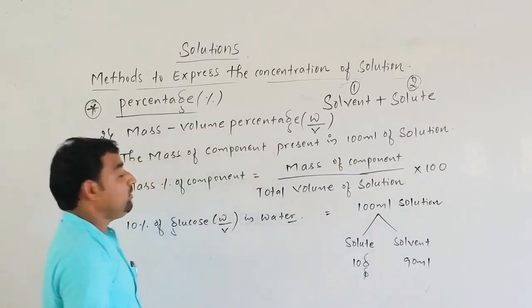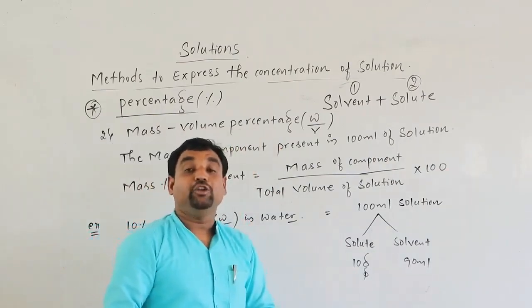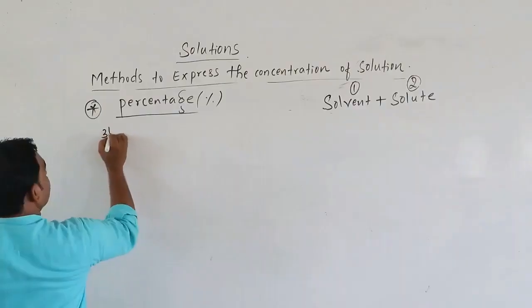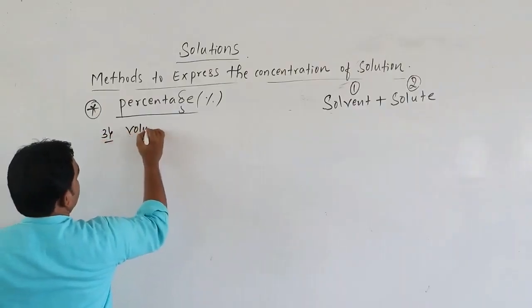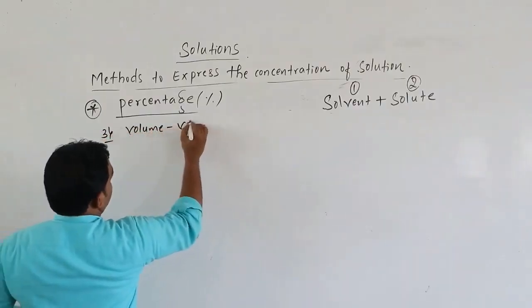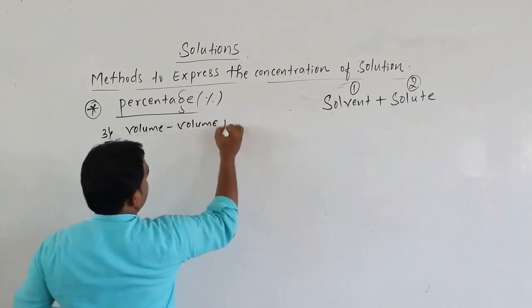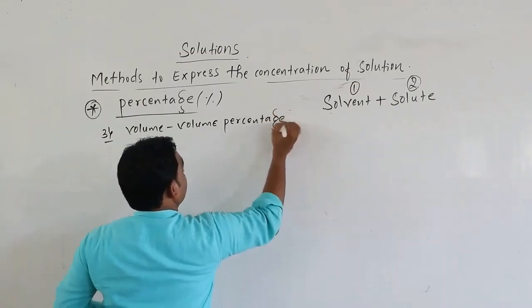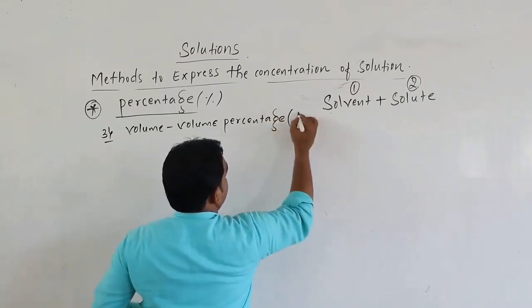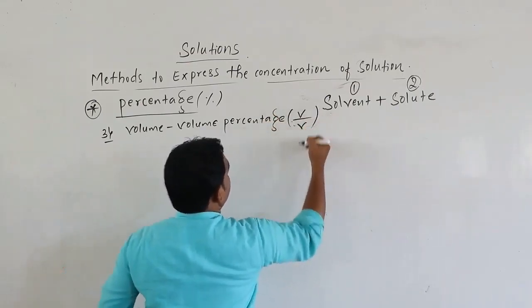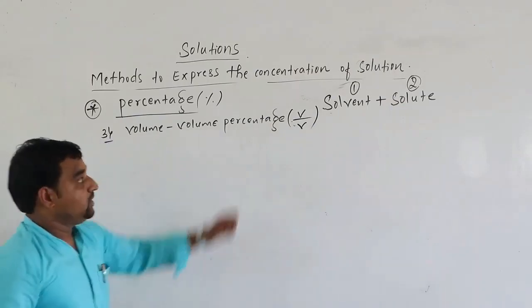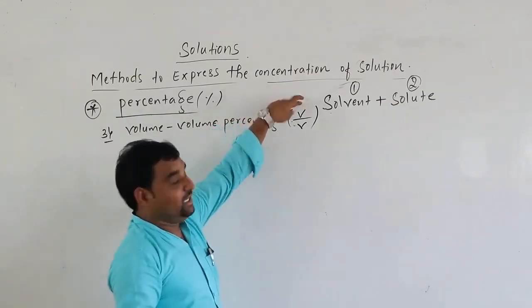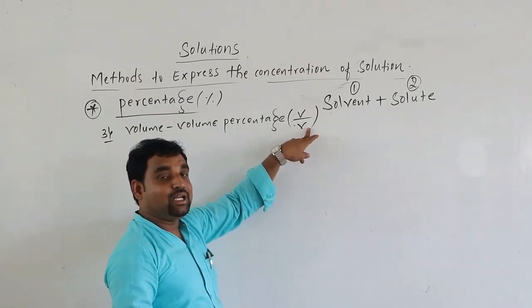So next, third one, we are moving towards the volume percentage. Third one is volume percentage. That is denoted by V by V, volume by volume. Solute is taken in volume and also solvent is taken in volume.